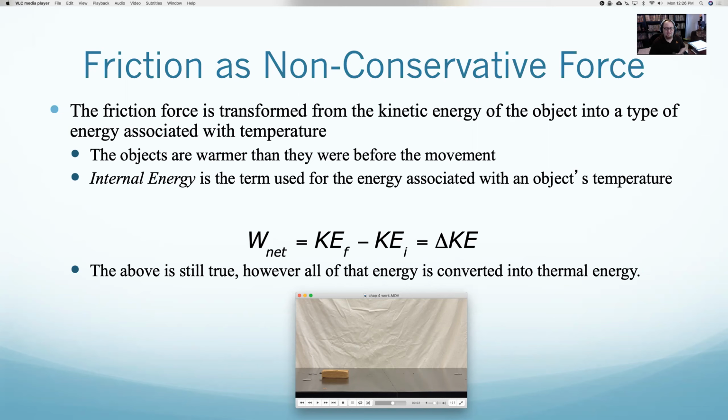It's 3/2 k sub B times T. And so when you do work, if you have friction, it doesn't all become mechanical energy. Some becomes thermal energy. But if we have no friction, then all of the work becomes mechanical kinetic energy. Make sense?